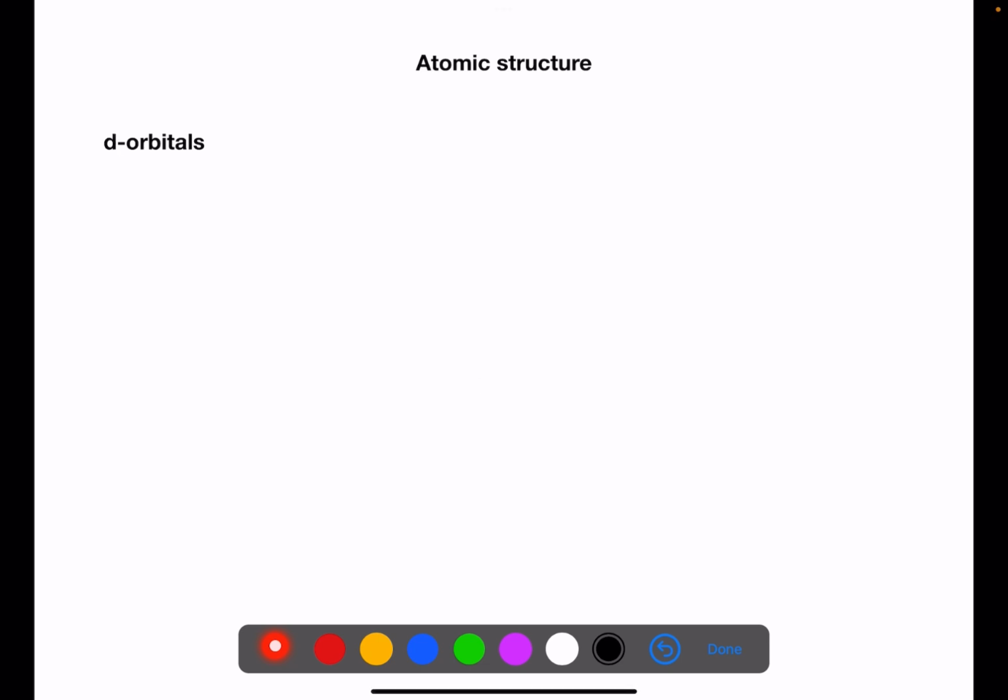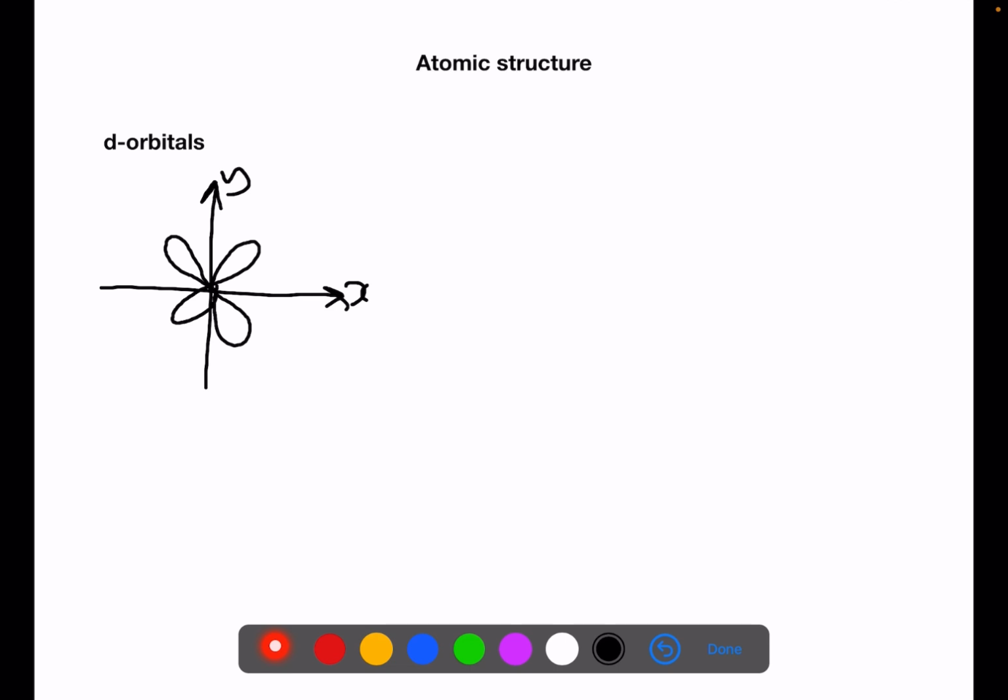Once we get to shell 3, we have the d orbitals. There are 5 different d orbitals. The first one that we'll look at is in between the axes. We've got x and y here, and they look sort of like 2 p orbitals joined together.